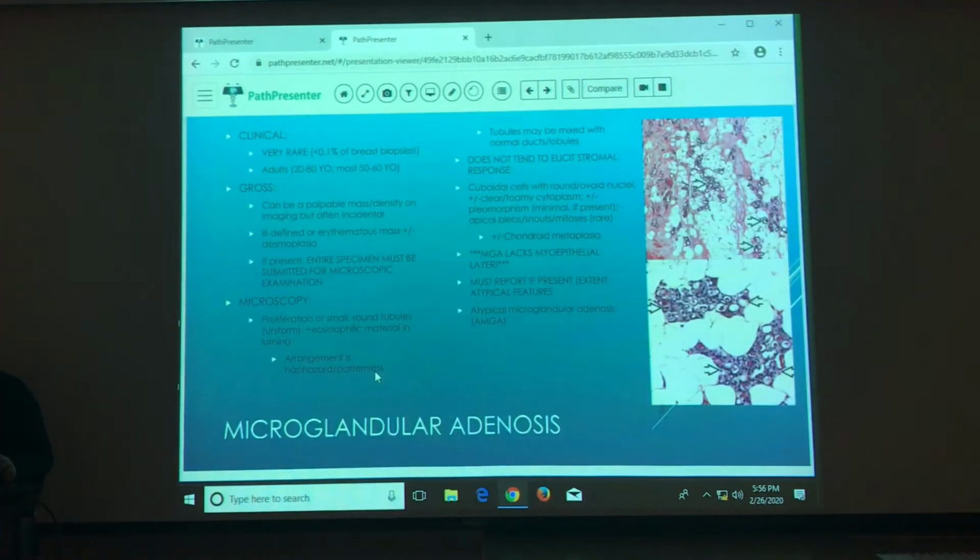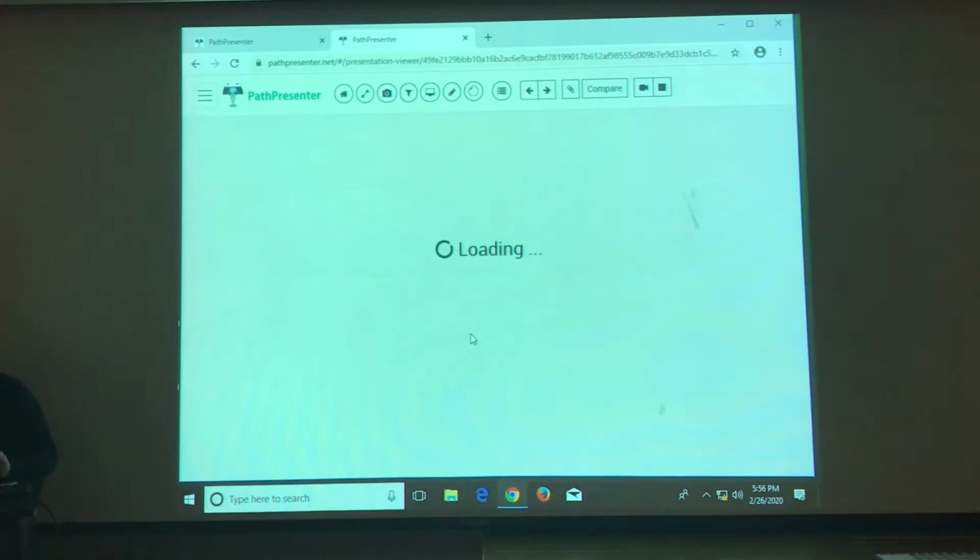Let's see what else I have for you guys. We went through a lot of this. Okay, so yeah, you have to report if present. They kind of want to know how much is there, like if it's on a margin. They're going to have to go back if there's atypical features, or the atypical microglandular adenosis.